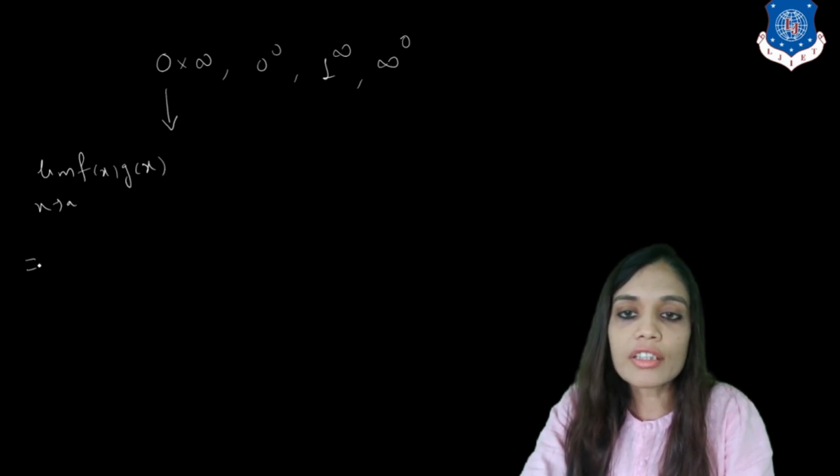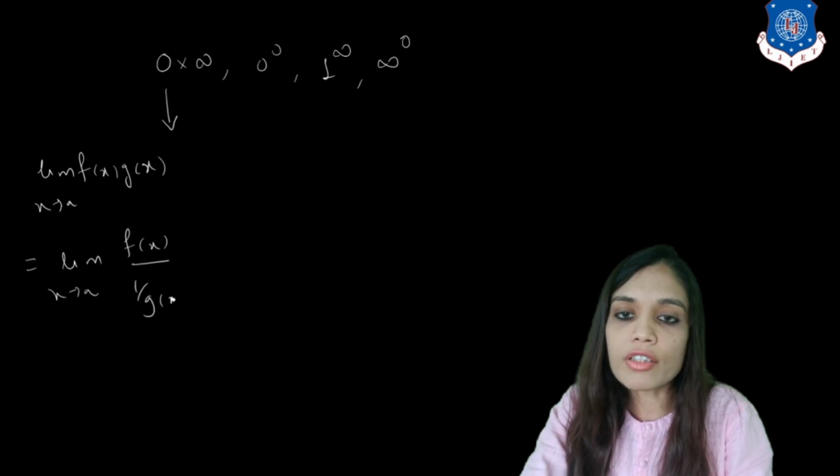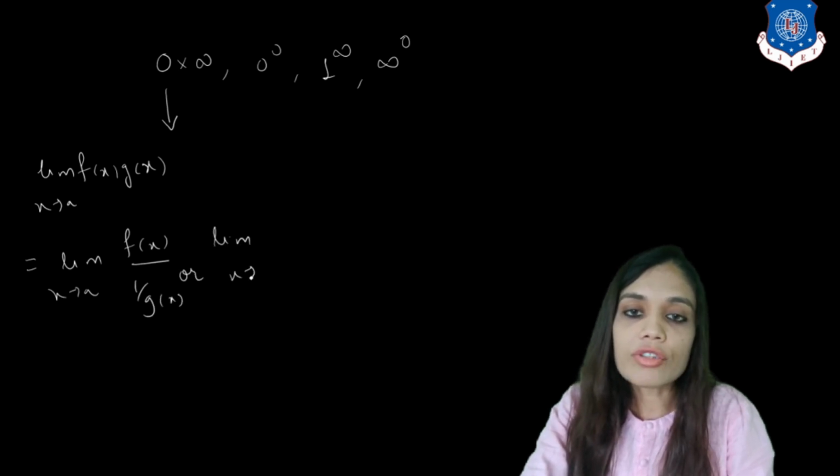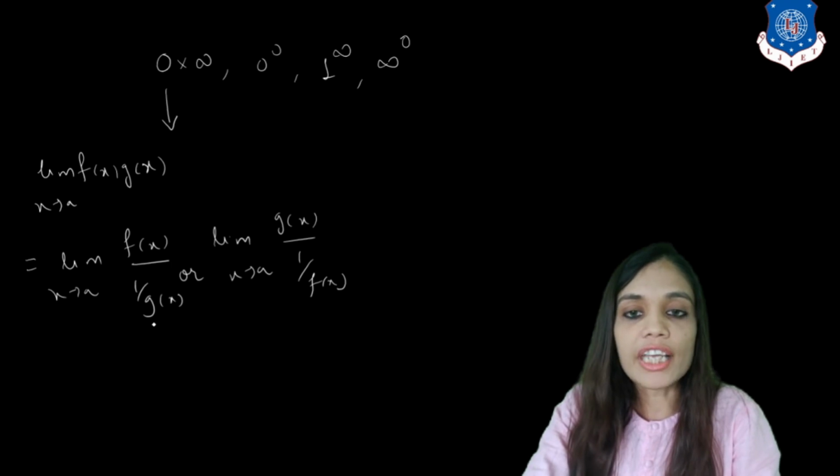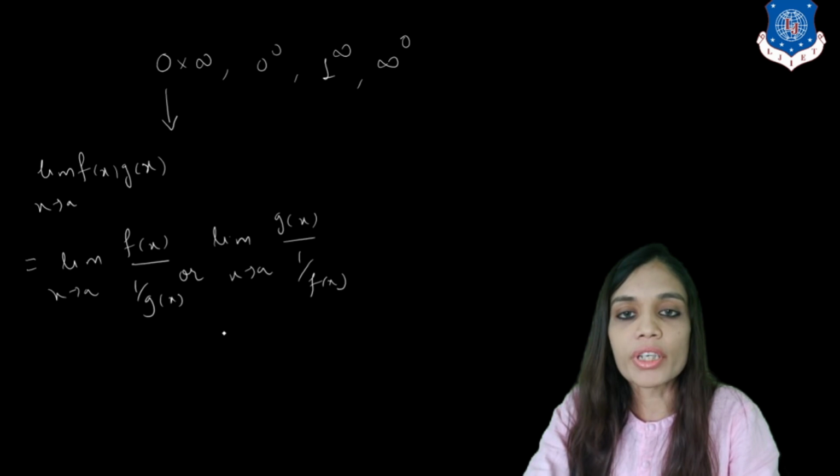You will modify this into limit x tends to a f of x upon 1 upon g of x, or you can take limit x tends to a g of x upon 1 upon f of x. And obviously we will take trigonometric functions or algebraic functions in the denominator.